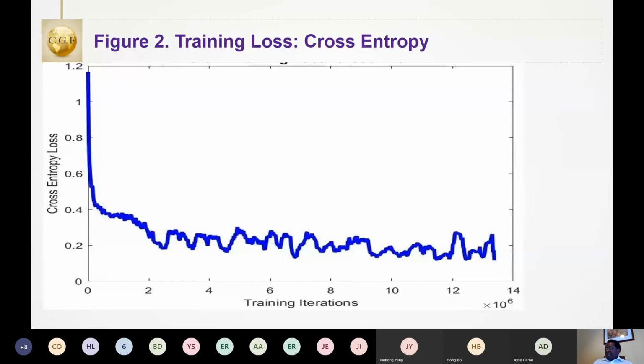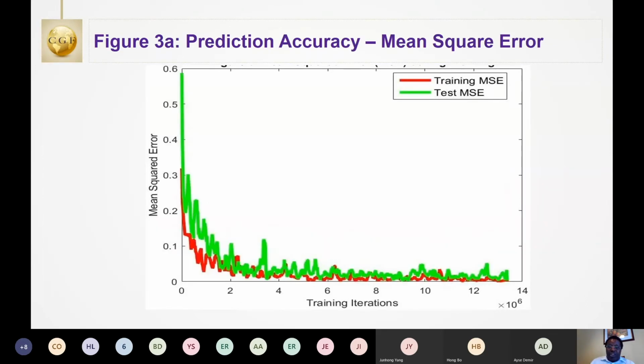One other way of looking at this is in terms of the prediction accuracy, and I think this is what we have used with Yoshi Shivima at SOAS, in terms of looking at the mean square error prediction accuracy. And as you can see here, the mean square error declines for the training as well as the test.